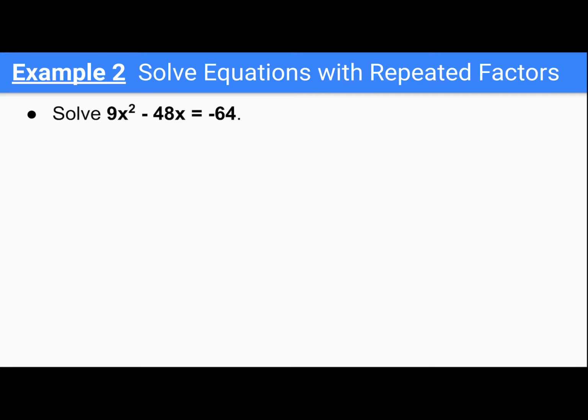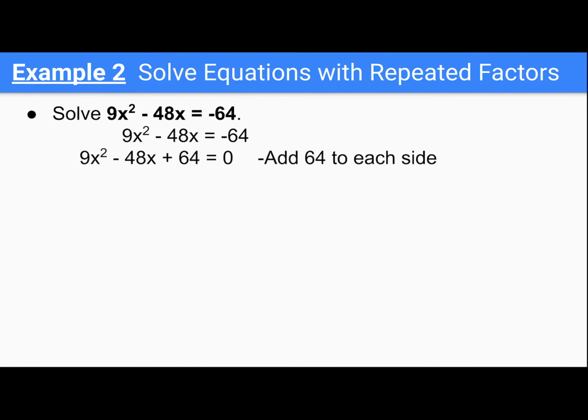So far, we've only been given an expression. Now we have an equal sign. So the first step is to add 64 to both sides. And then if I add 64 to both sides, my equation is now going to equal 0. I got 9x squared minus 48x plus 64 equals 0.